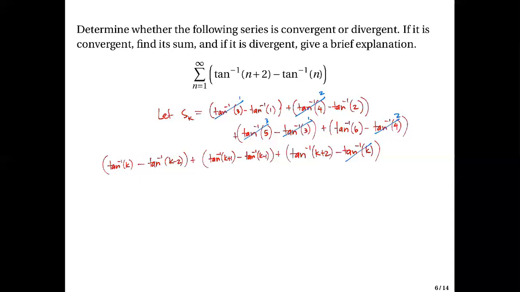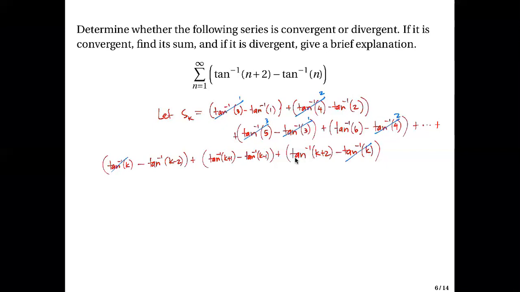Okay? And then let's just put the plus here. So notice that this guy here will cancel that tangent inverse k in here. The minus part will cancel the plus part of the previous two terms. So this is the first term.